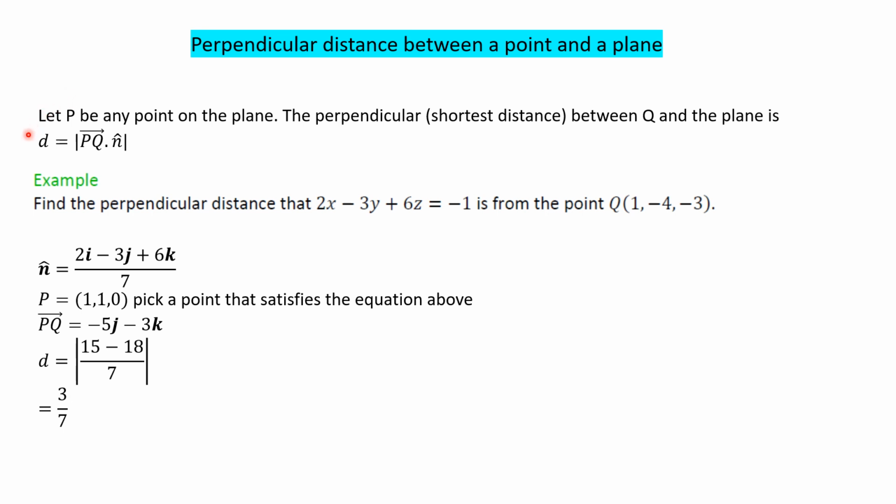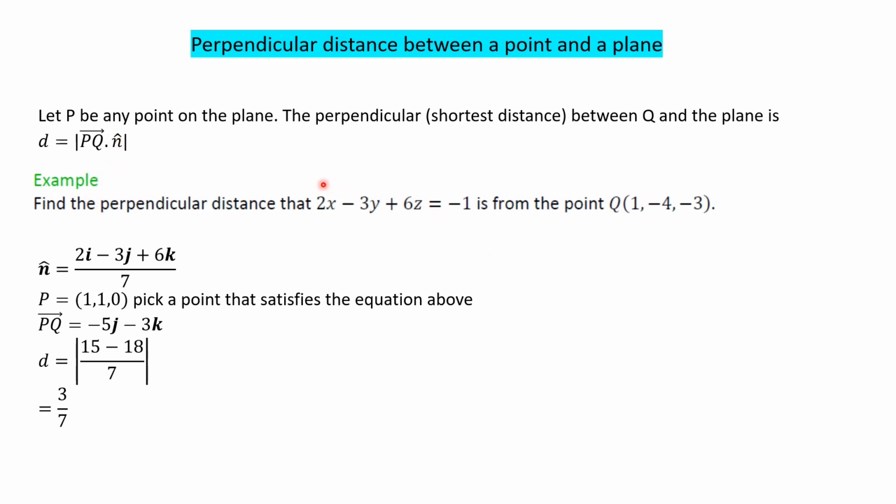So the formula is very simple. This distance is just the magnitude of the dot product between the vector PQ and the unit normal vector to the plane.